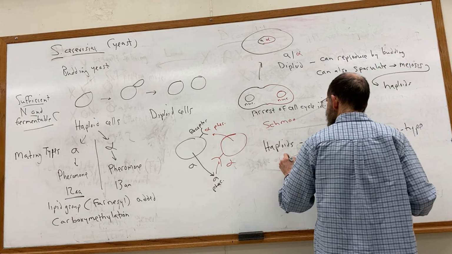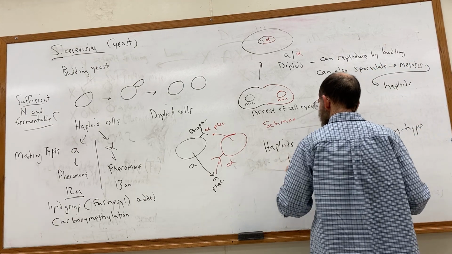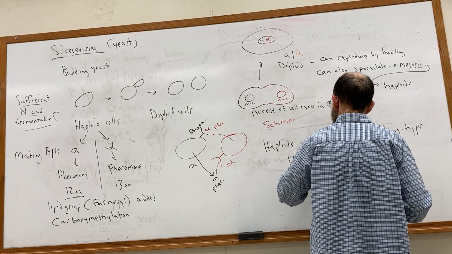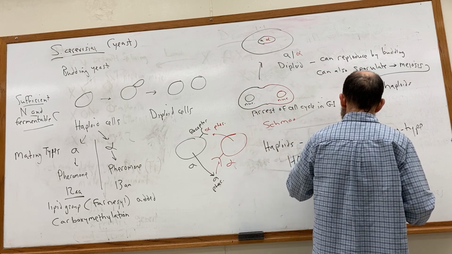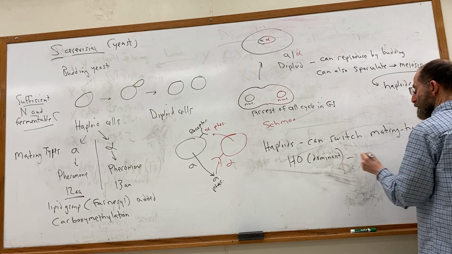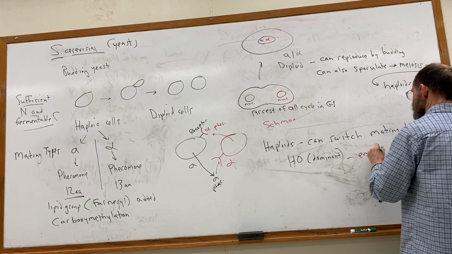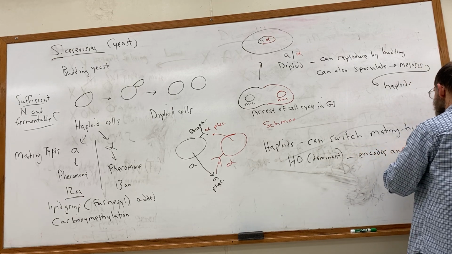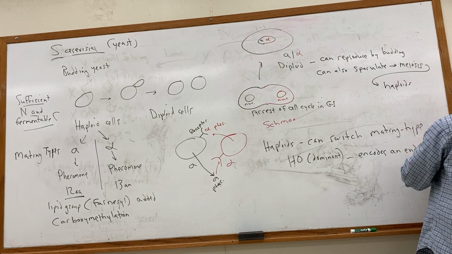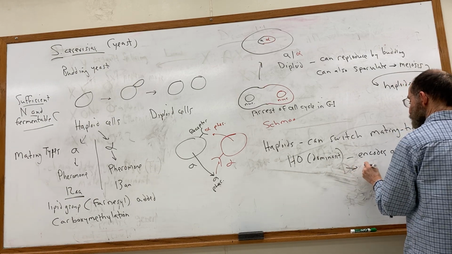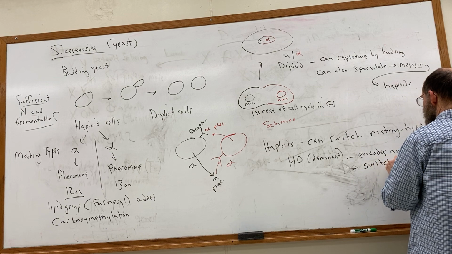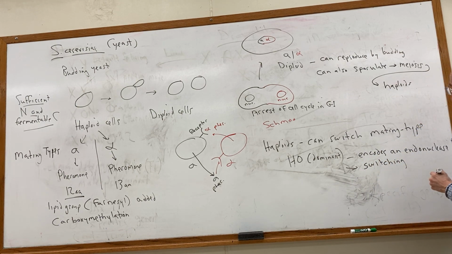Okay? So this depends on having the dominant HO allele, which encodes an endonuclease and leads to switching of mating type every other generation. So that's pretty frequent.